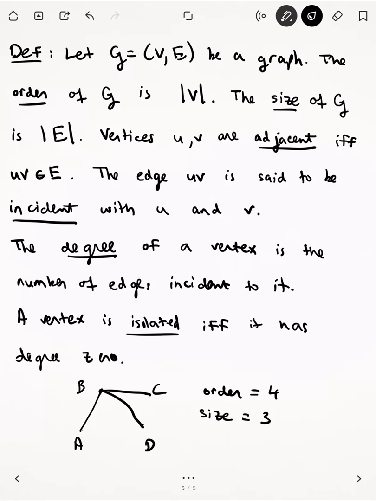So B is adjacent to A, B is adjacent to C, and B is adjacent to D. A is not adjacent to D, and D is not adjacent to C, because there's no edge connecting them. The edge BC is incident to B and C, and so on and so forth. The degree of A is 1, the degree of D is 1, the degree of C is 1, and the degree of B is 3, because there are 3 edges containing B. And there are no isolated vertices in this particular example.